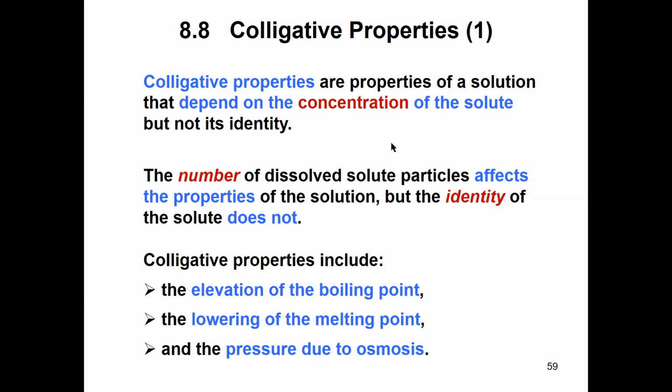So colligative properties are properties that depend on the concentration of the solute and not its identity. The number of dissolved solute particles affects the properties of the solution, but the identity of the solute does not matter. So let's look at the boiling point elevation.